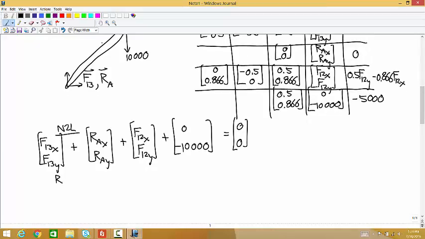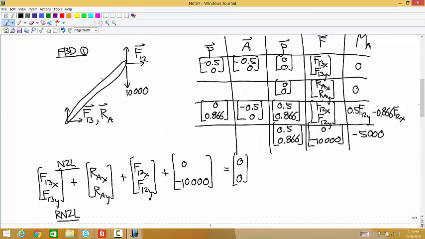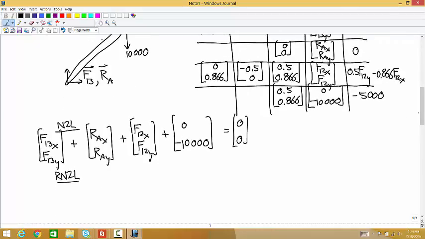And the moment equation says negative 0.866 F12x plus 0.5 F12y minus 5,000 is equal to 0.